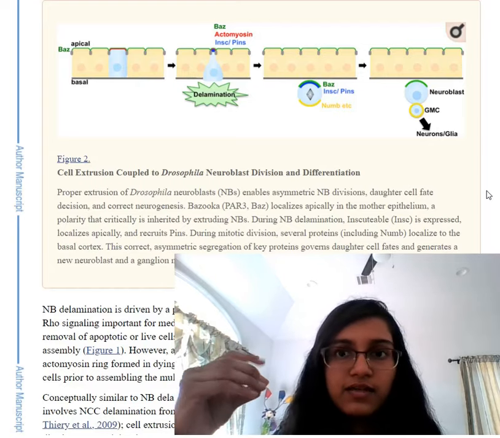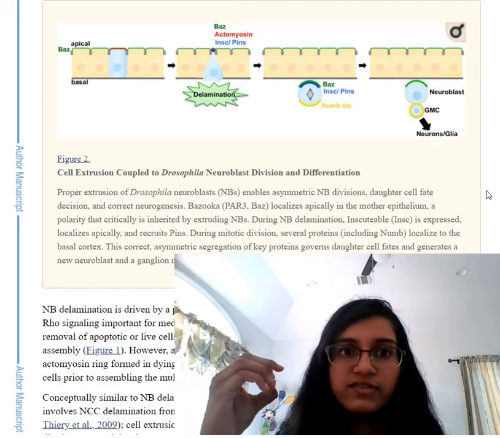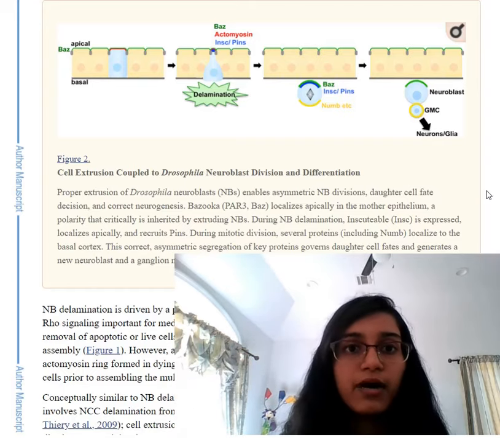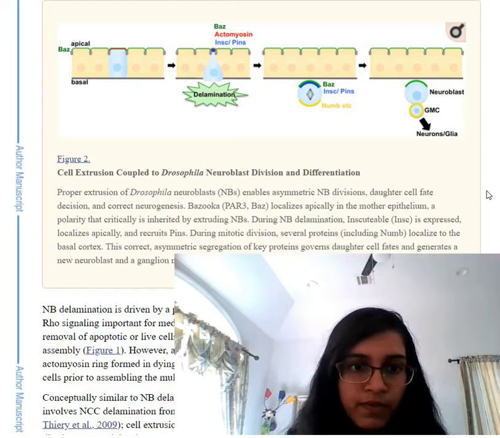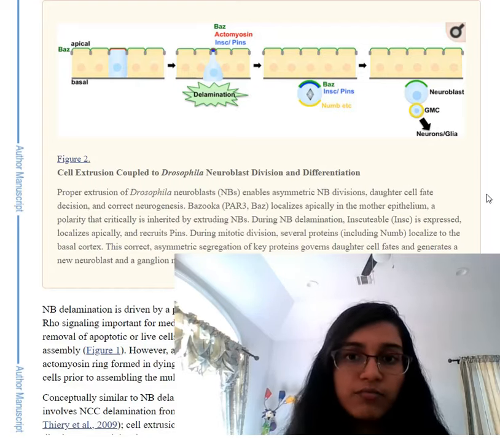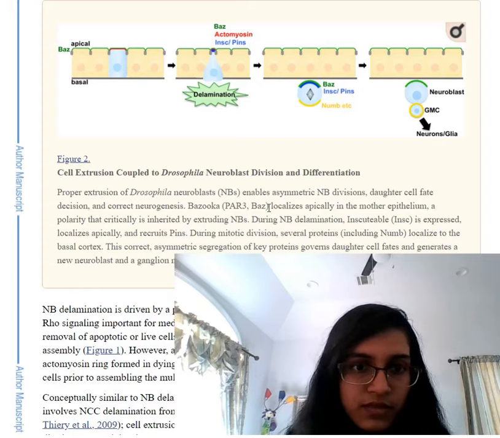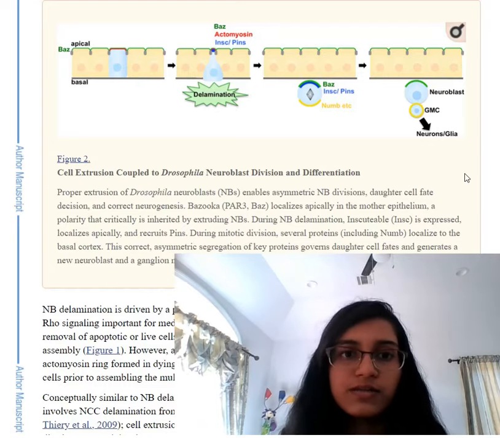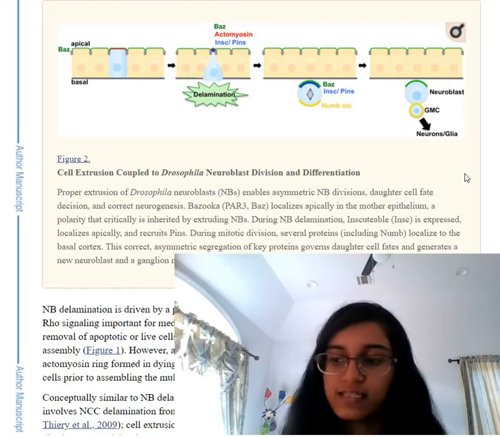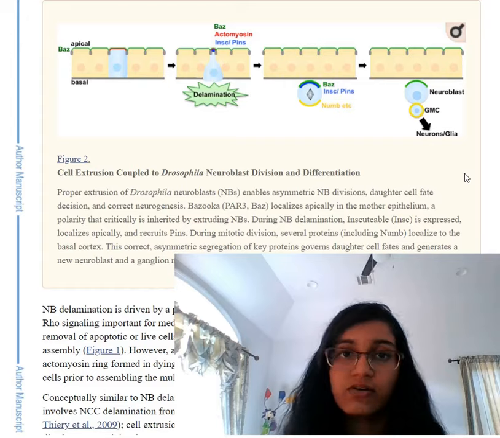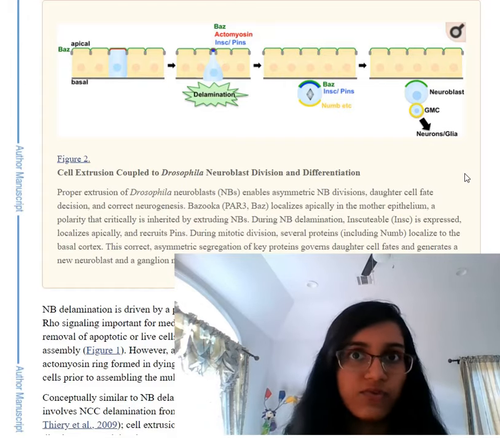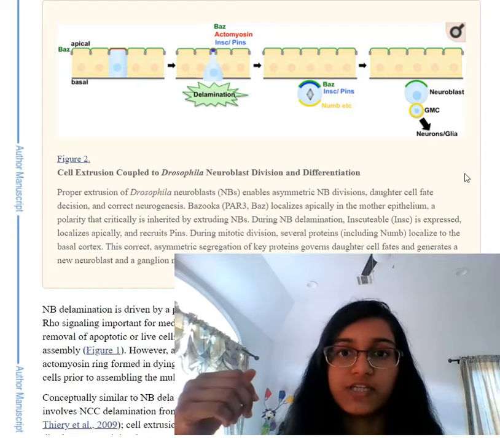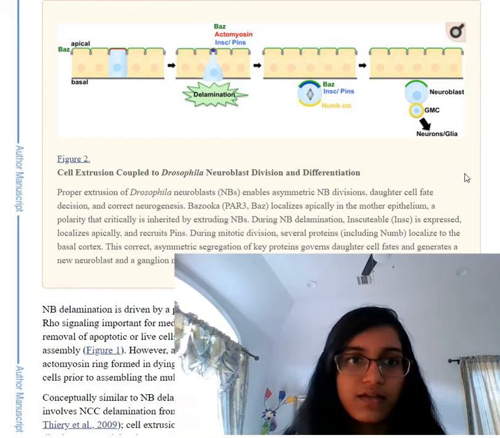And these two regions of the apoptotic cell are determined by the actomyosin, which actually comes from the mother's epithelium, as shown here. And this localization causes delamination of the cells. And as we know, delamination is a process by which the cells form different layers and then differentiate. So in this case, since these are neuroblasts, they would differentiate into either neurons or glial cells.